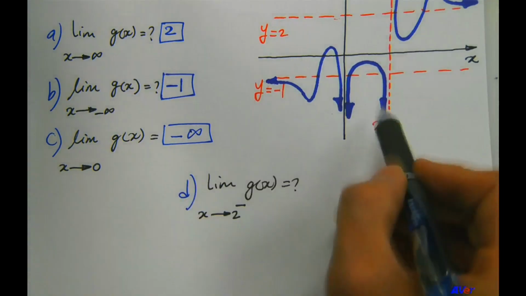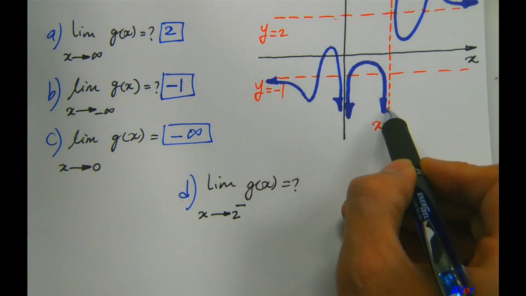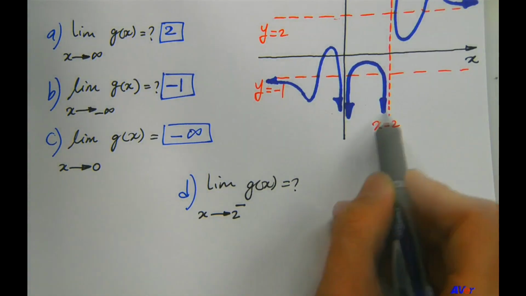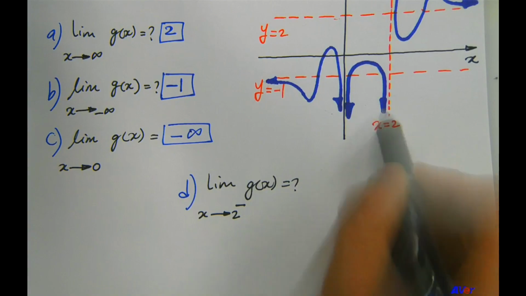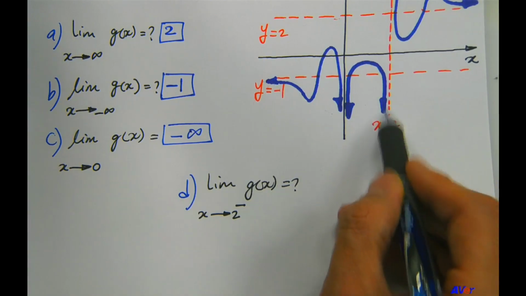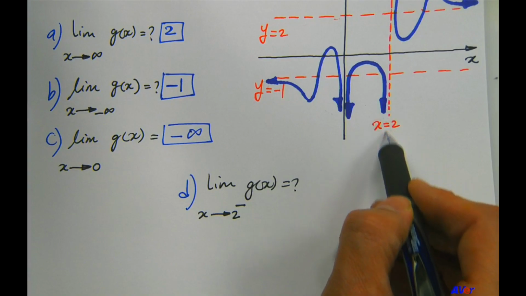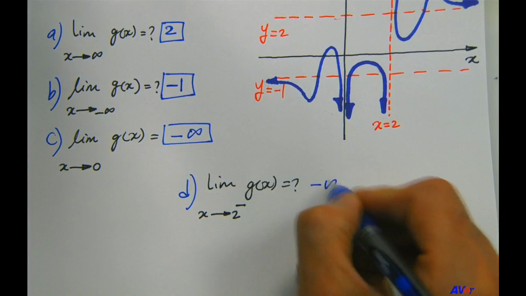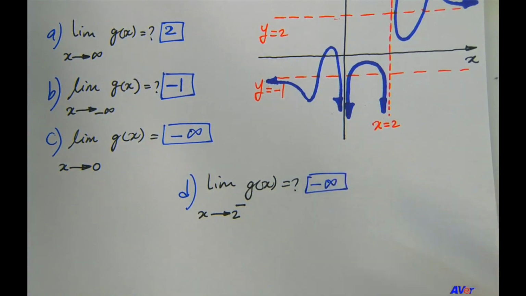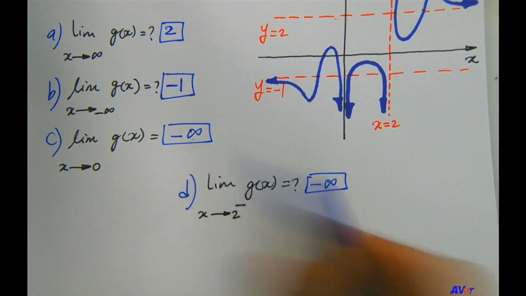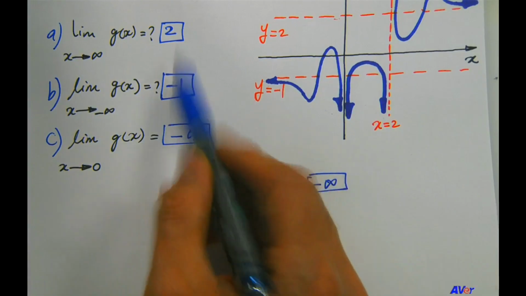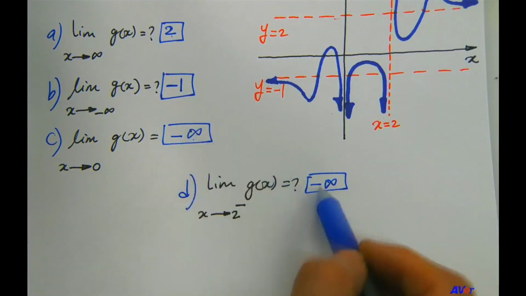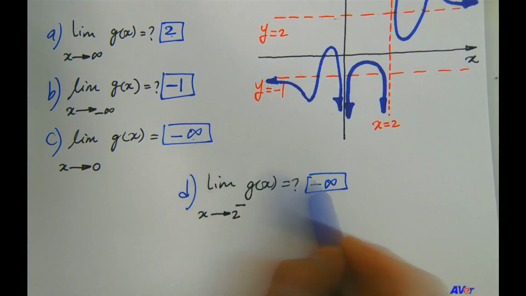From the left, we're talking about this piece, right? X is approaching 2 from the left, right here. So what is it equal to? It's approaching, the function value approaches negative infinity. In other words, it doesn't exist. So the limit here doesn't exist, but here it's -1 and there it's 2. Okay, remember this is that notation that tells us that the limit does not exist.